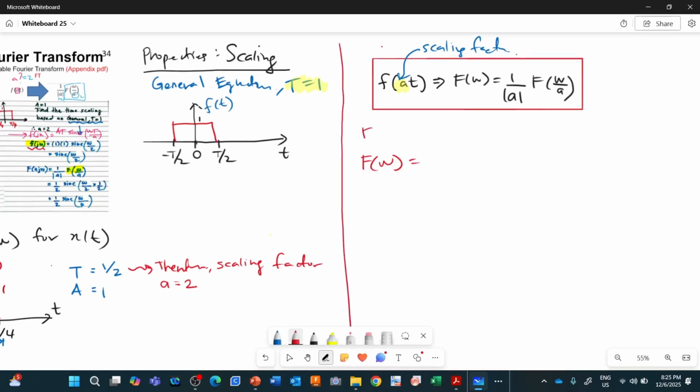So find F omega for, okay, this is step 1 so that you don't get confused. So step 1.